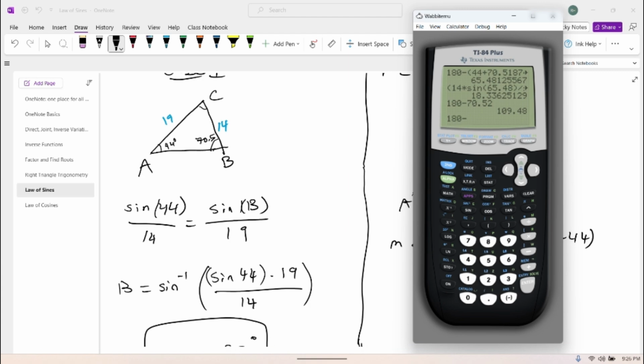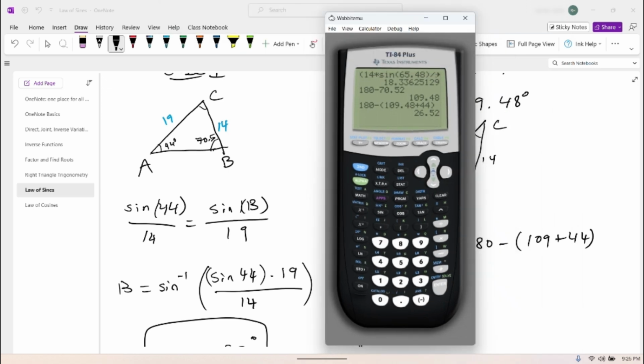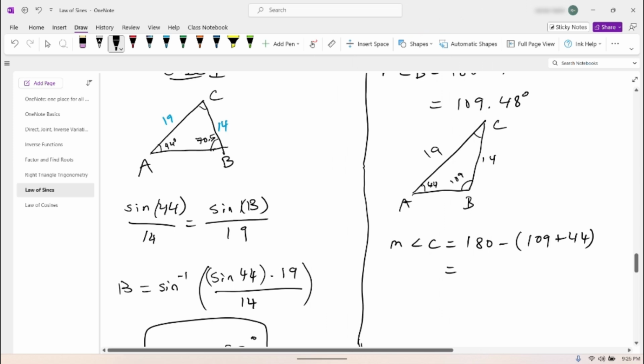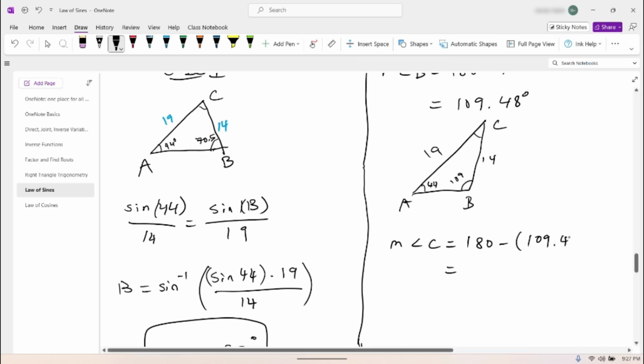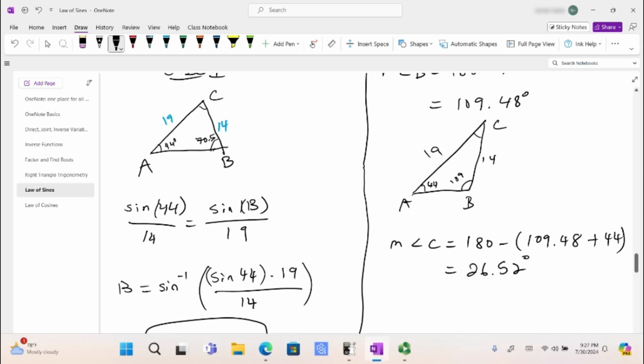Let's use our calculator: 180 minus 109.48 plus 44. This is 26.52. I forgot to put the decimal places there, so I need to erase and fix that. 26.52 degrees. Let me just double check.